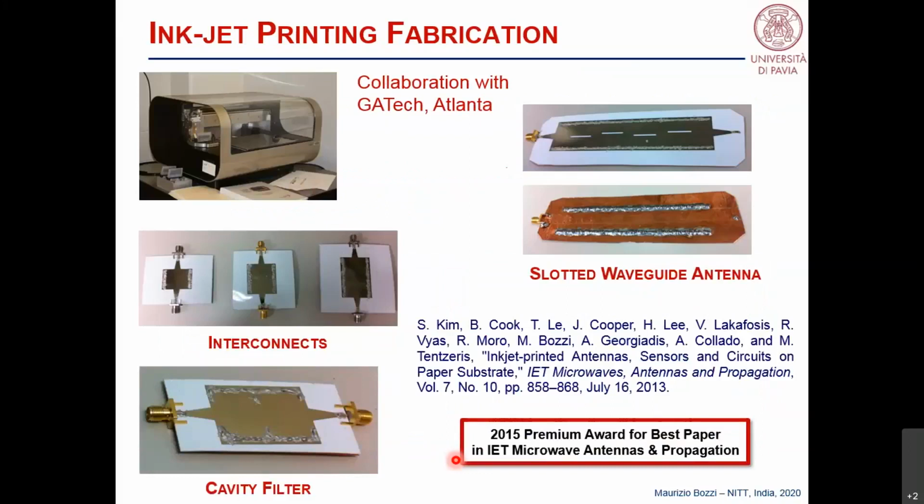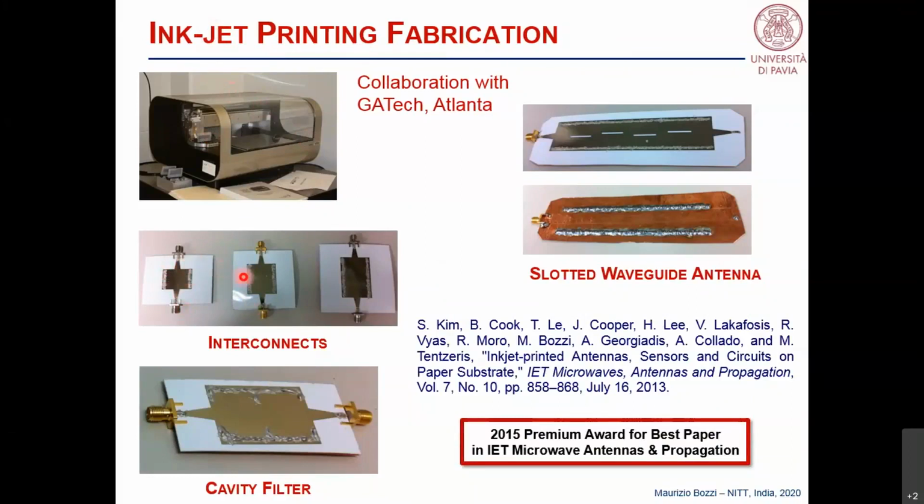partially performed in conjunction with Georgia Tech in Atlanta, Professor Manos Tentzeris, and we adopted two possible solutions. So one was using inkjet printing. So we use a special printer that prints ink with silver particles to give the proper shape to the conductive parts.